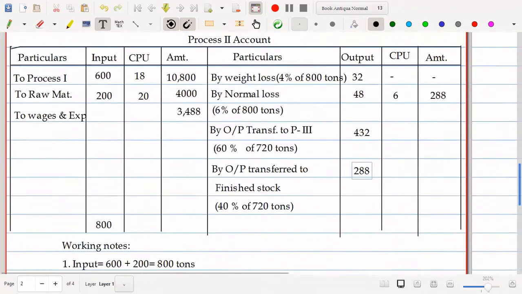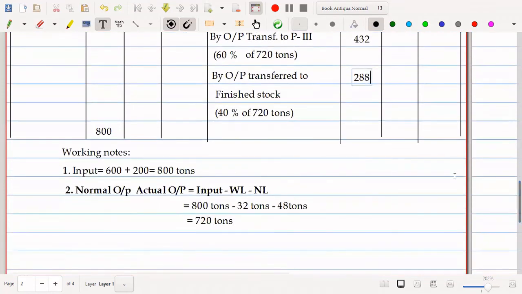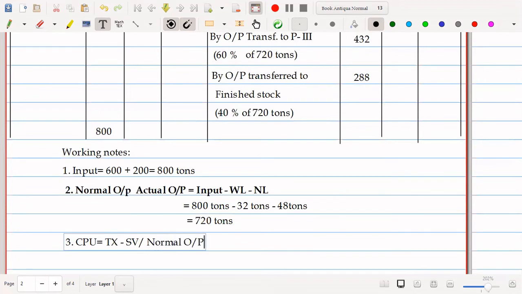Now what to do next? The next step is we have to calculate CPU, the third working note. CPU is equal to total expenses minus scrap value divided by normal output. What is the total expenses?